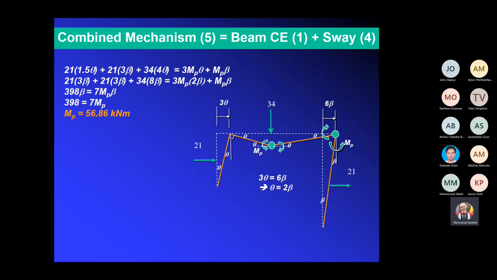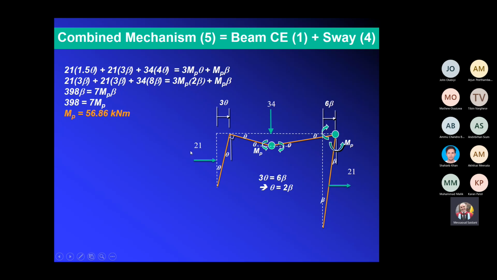The reason I'm saying this is because now I need to look at the other possible combinations. What are the other possible combinations that I can consider? Remember, we have looked at the sway mechanism with this beam mechanism together. So we have combined the beam mechanism with the sway. Now I have the other possibilities.